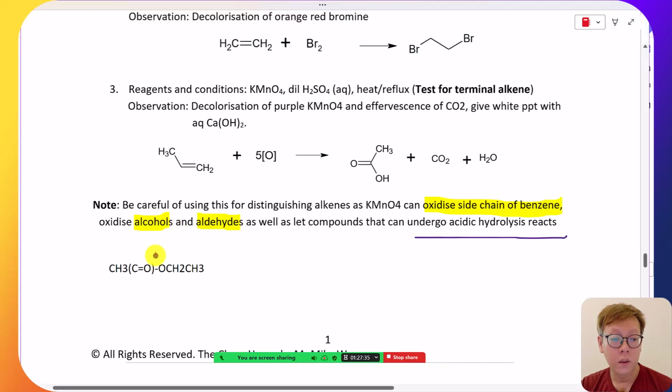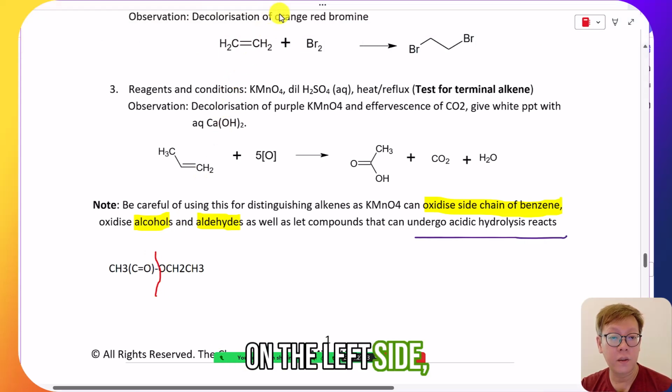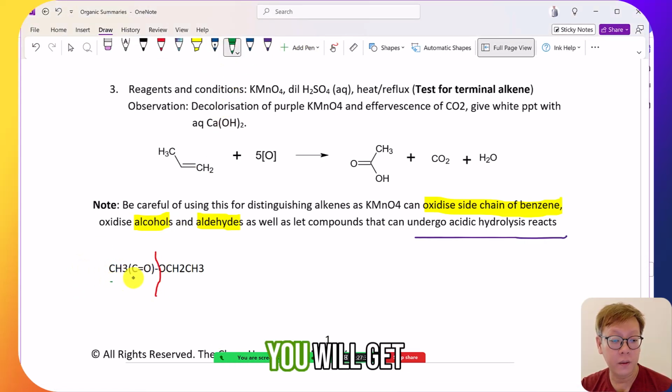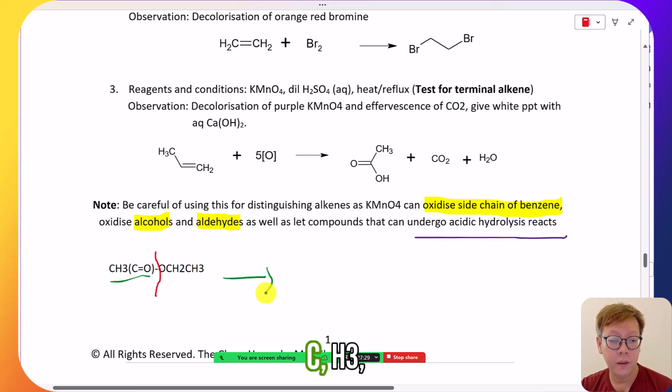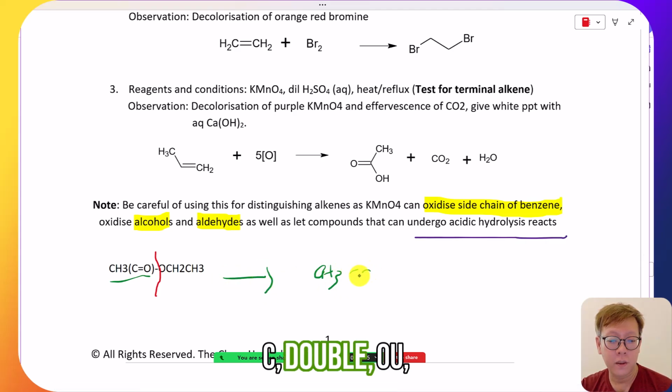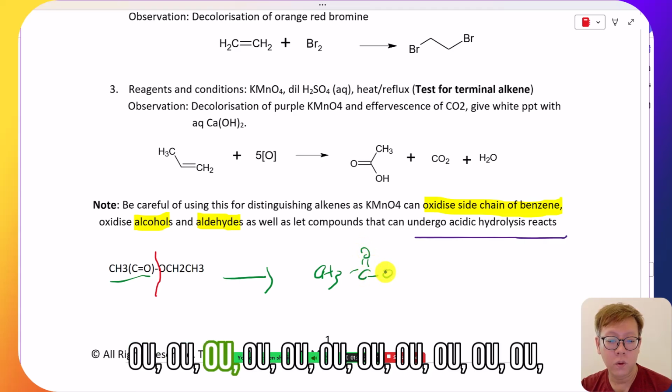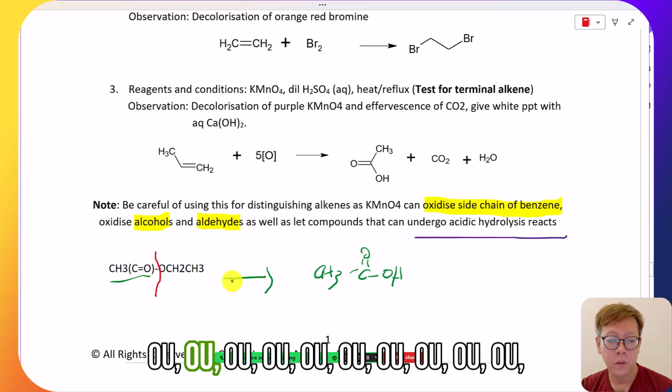This thing can break. On the left side, you will get CH3, C double bond O, OH. Follow? Because this part will be oxidized to the carboxylic acid.